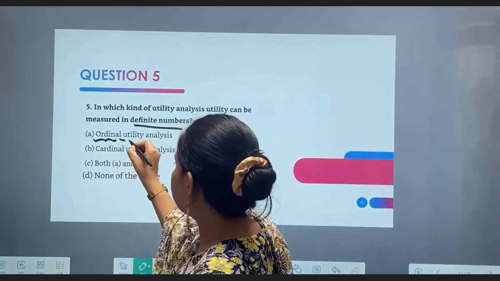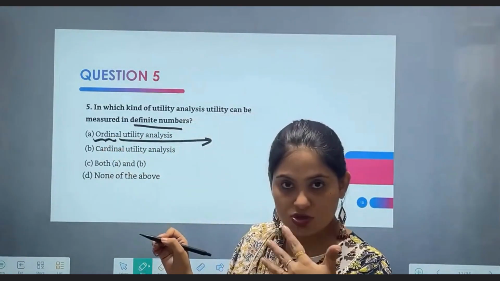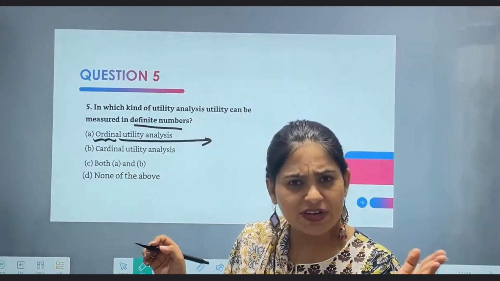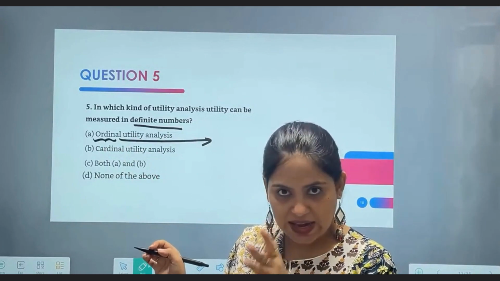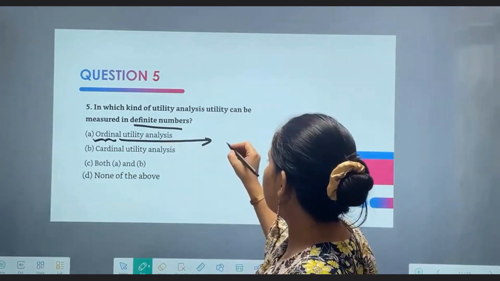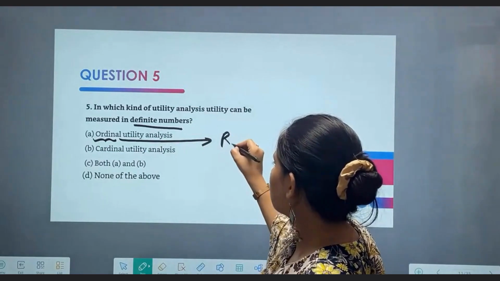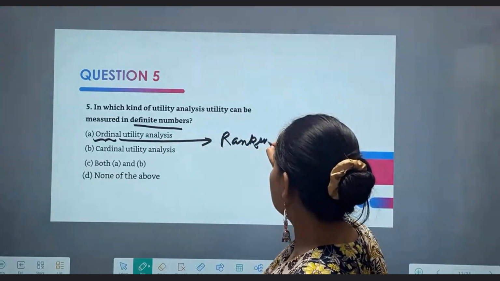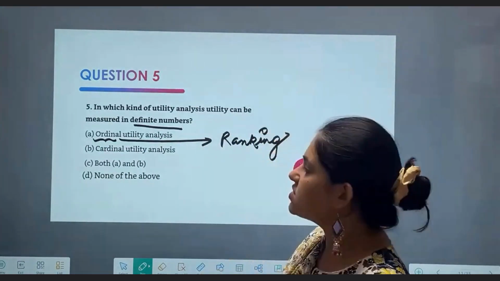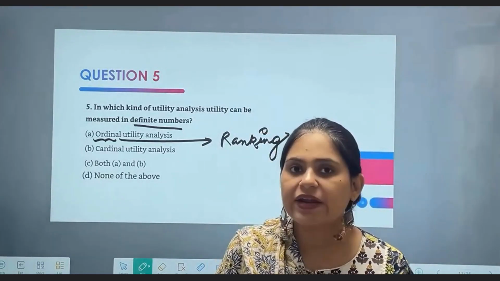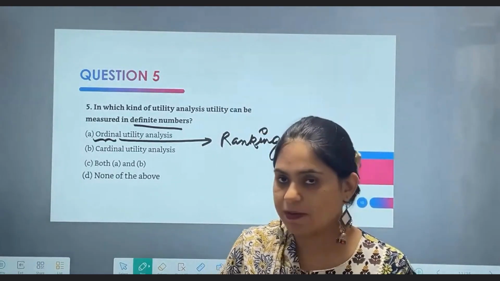Ordinal, if you go to statistics and search, there are different ways of calculating numbers. Ordinality means ranking. So the ordinal concept is telling me I don't care about how much utility you give me.